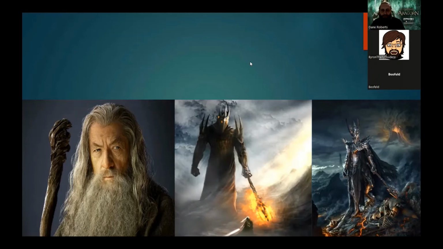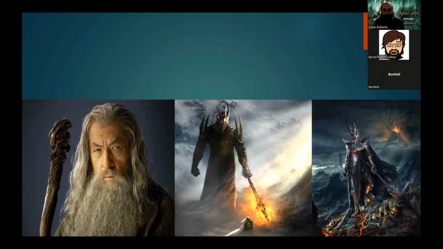So there is that. Then we have Melkor, also known as Morgoth, who is the devil figure for Tolkien's mythology. What's interesting is Melkor is actually a name mentioned in the Voluspa, where it mentions Odin's 100 different names. And Melkor is one of those names.